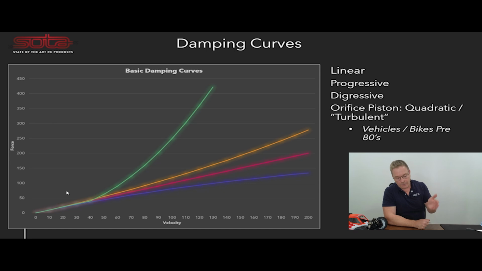Once it is in that turbulent state, every time the velocity doubles, you get four times the force return. So at 40 you've got 40, at 80 you'll be at 160, and at 160 you'll be at 640.